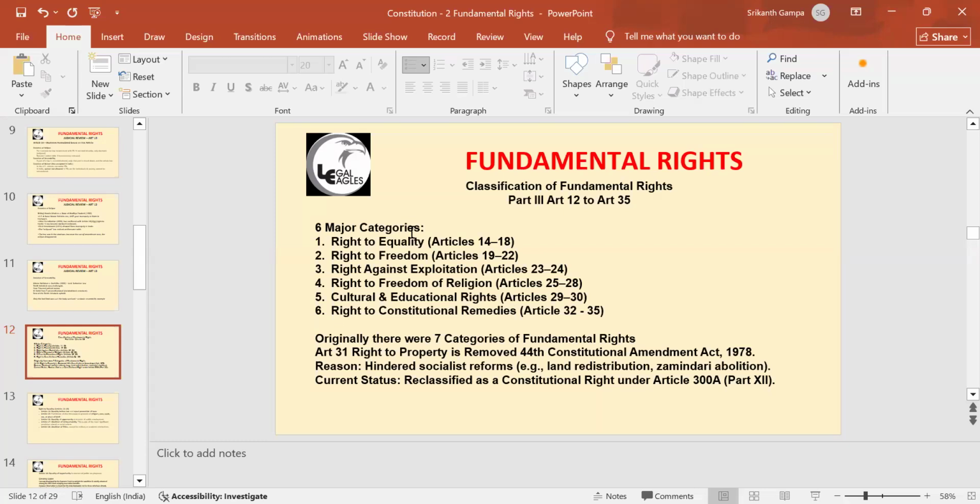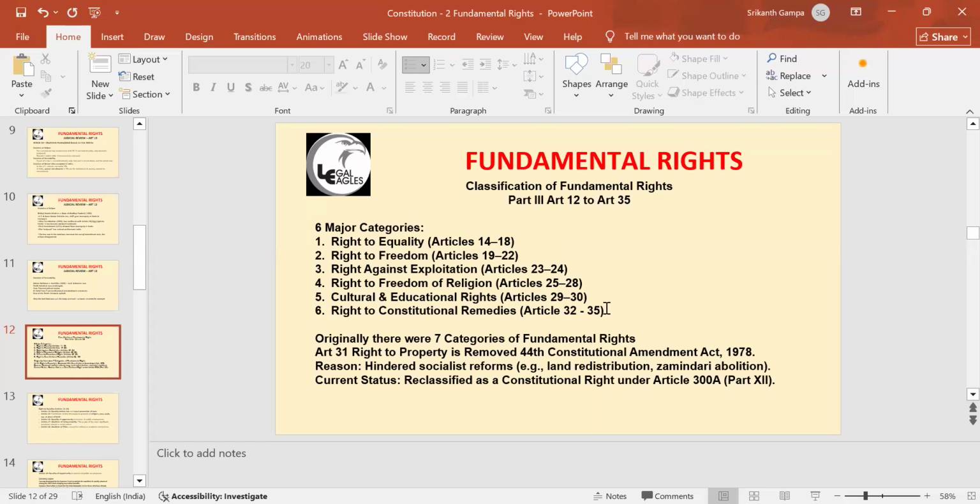Okay, so there are 6 major categories. Right to equality is Articles 14 to 18, right to freedom Articles 19 to 22, right against exploitation Articles 23 and 24, right to freedom of religion Articles 25 to 28, cultural and educational rights Articles 29 and 30, right to constitutional remedies Articles 32 to 35.